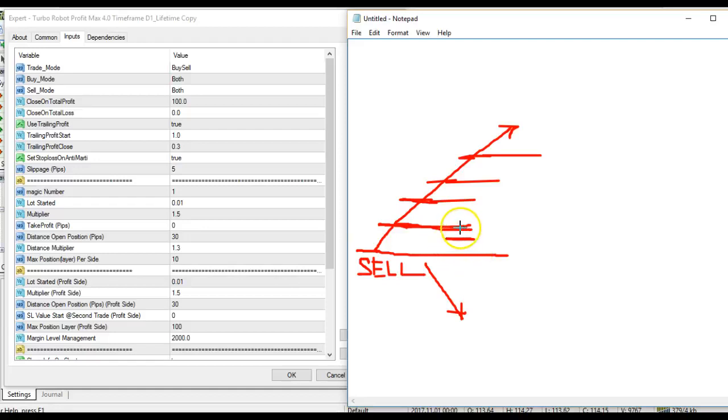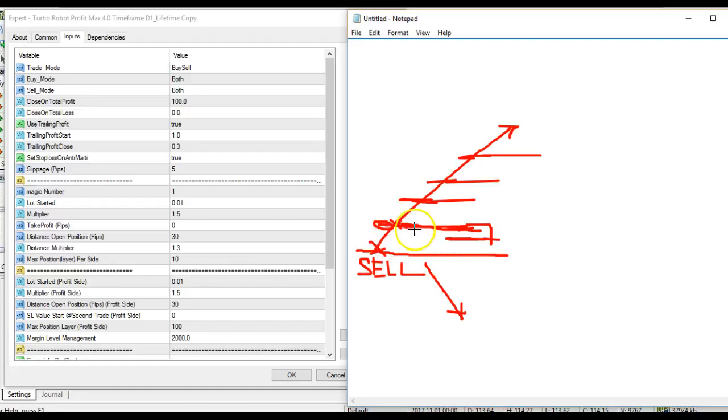Maybe you have to calculate it to be below here, so that you can gain more. The good thing is you can still use it because your lot size is higher over here. So the moment the market reverses, you still earn. This one will be closed and this one also will close.